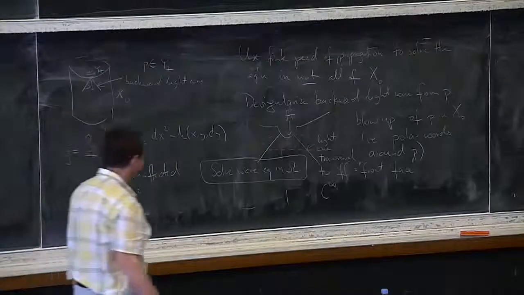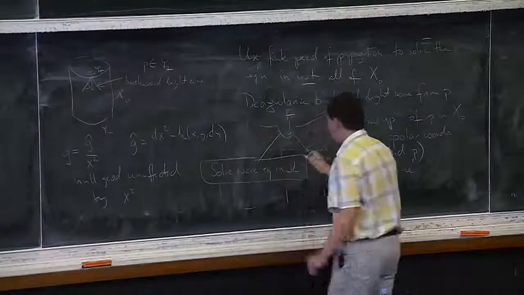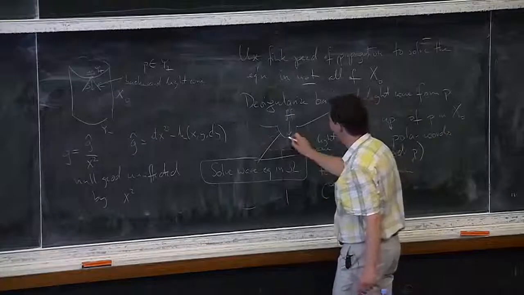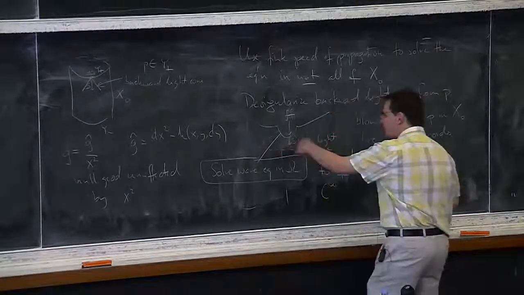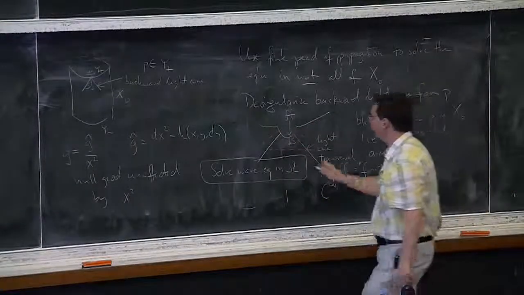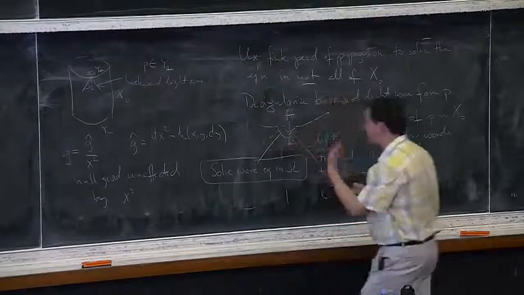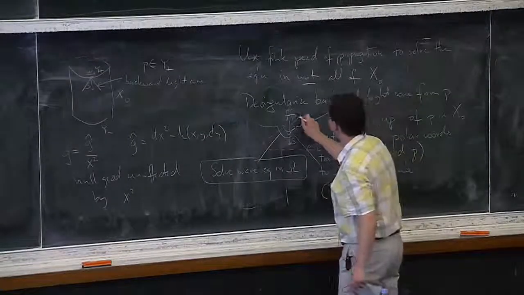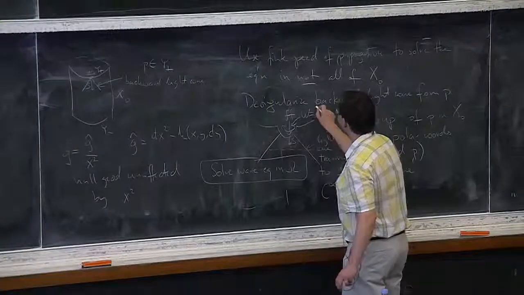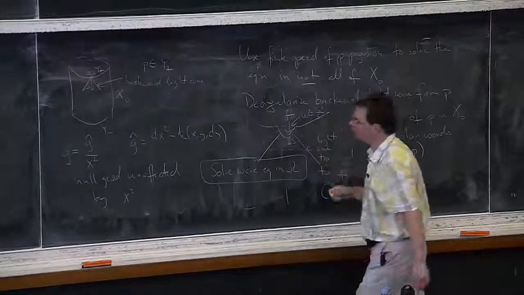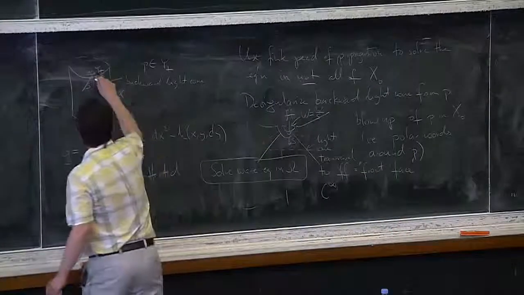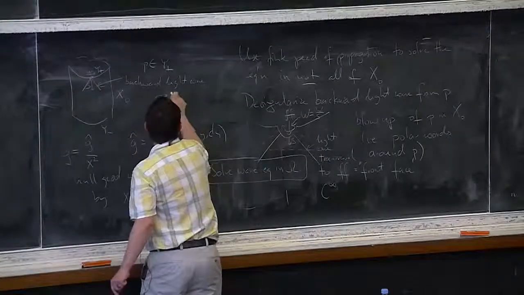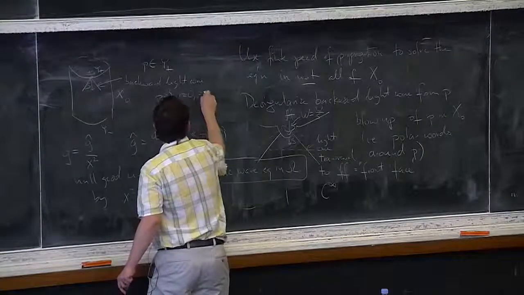If I use these, then in a region like omega, I would have coordinates S. So this whole thing is S equals 0. Then I have projective coordinates on this front face, which would be, let's call it big W, which would be W over S. So this is W equals 0. P is W equals 0, S equals 0.